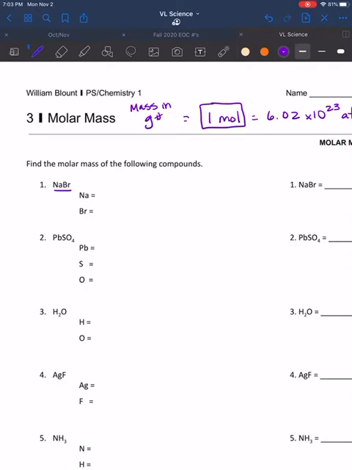So we're going to look at number 1, NaBr. And the first thing we need to know is how many of each atom do we have? We have 1 sodium and we have 1 bromine because there are no subscripts, so it's assumed that there's 1. We're going to multiply the number of atoms by the mass of the atom that we find on the periodic table. So I need to go find the mass for sodium and the mass for bromine.